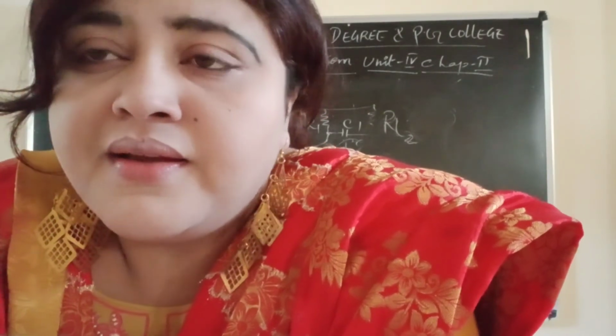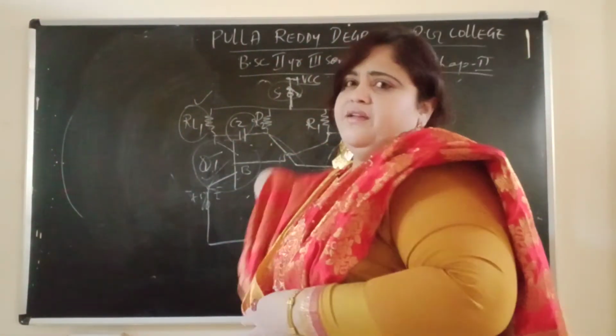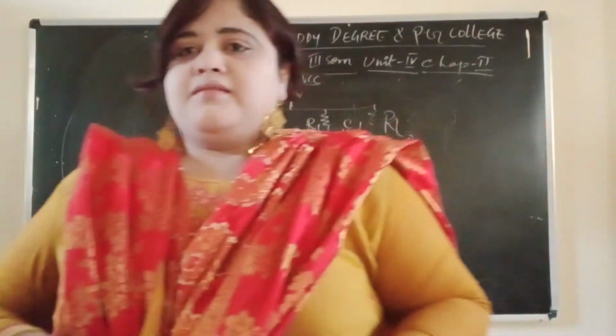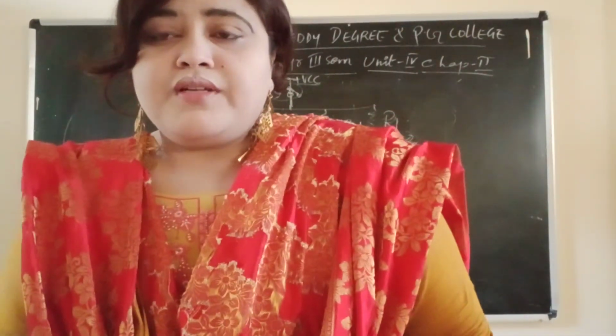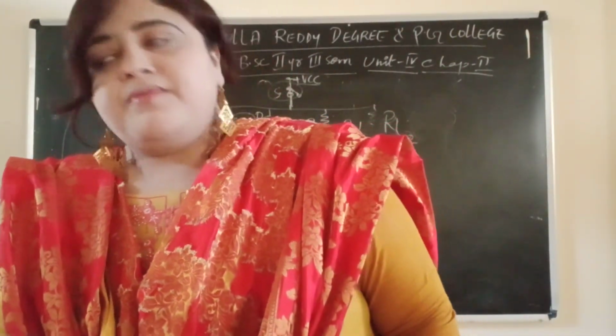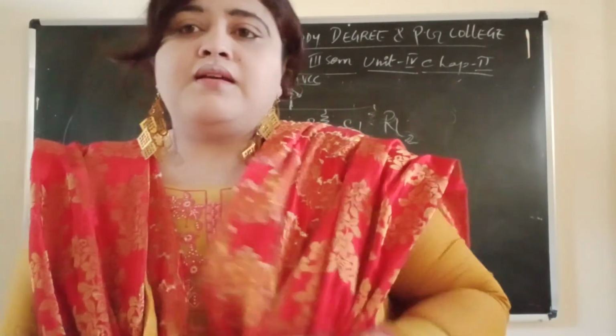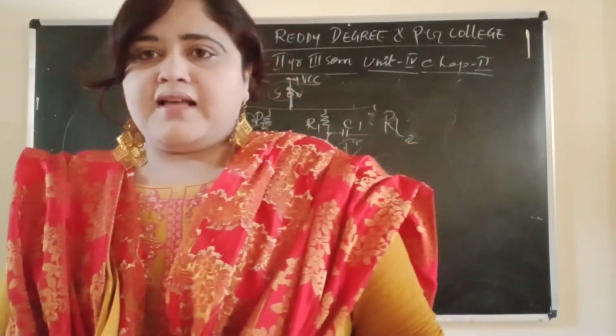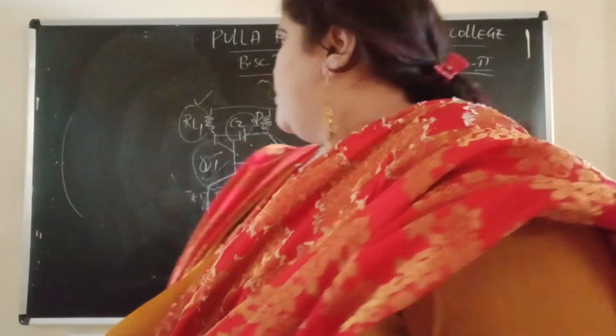So as the voltage is dropping only across RL1, what will happen here?